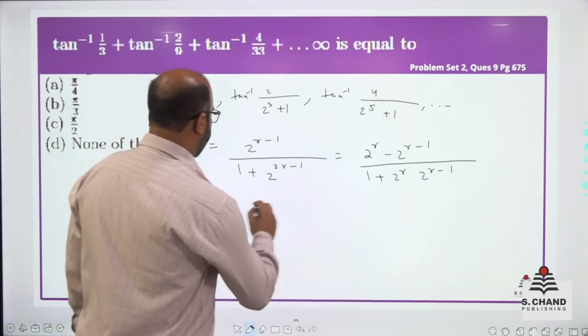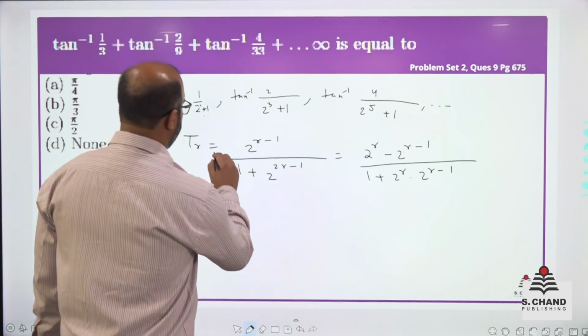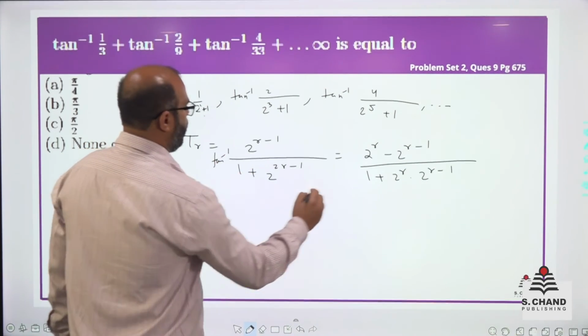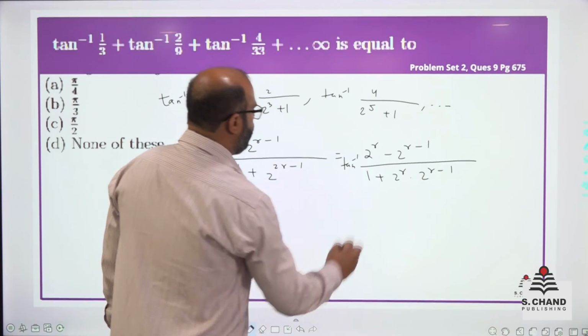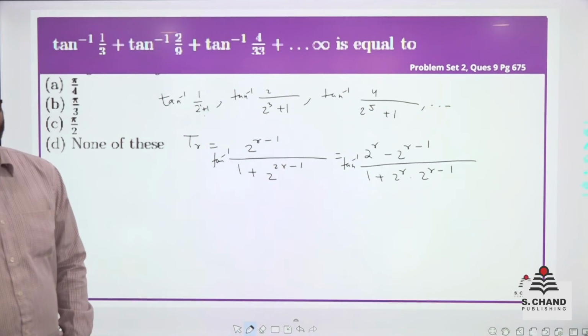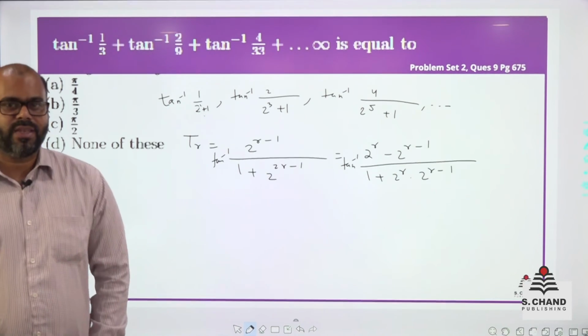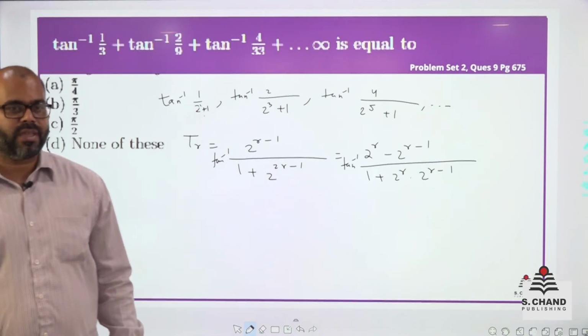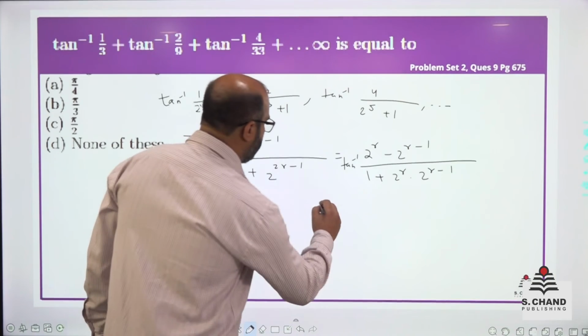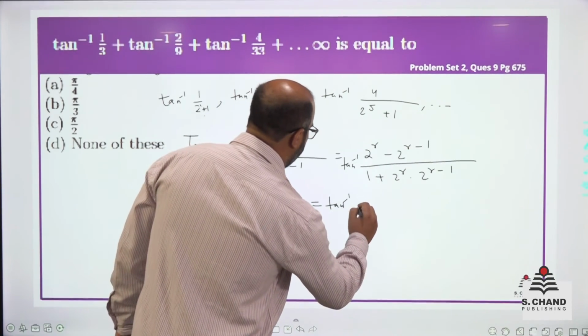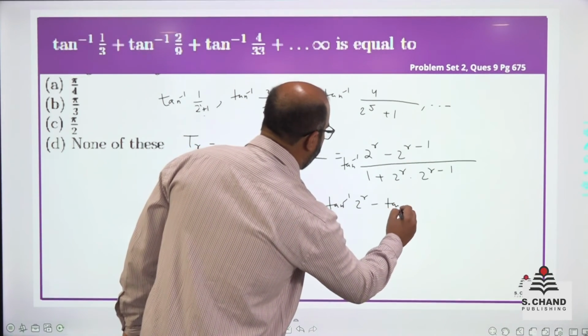So tan inverse is there. Now this is the formula of tan inverse x minus tan inverse y, which is tan inverse of x minus y by 1 plus xy.